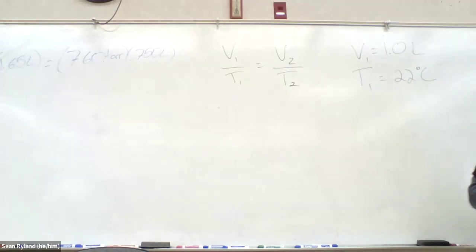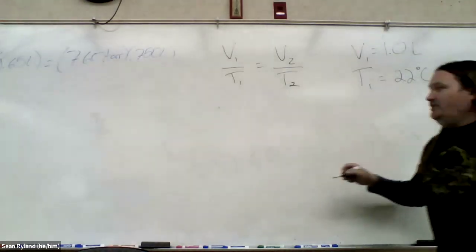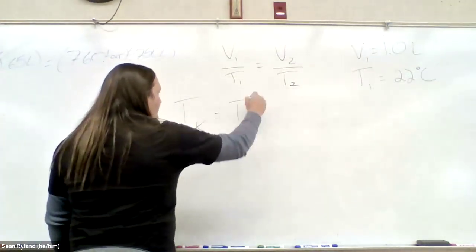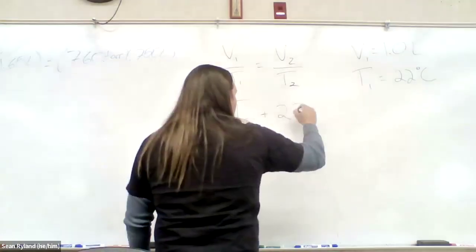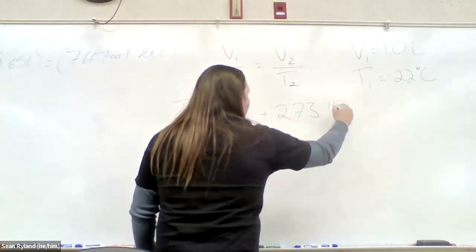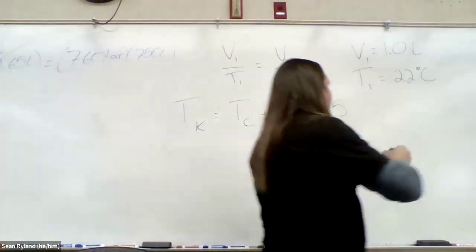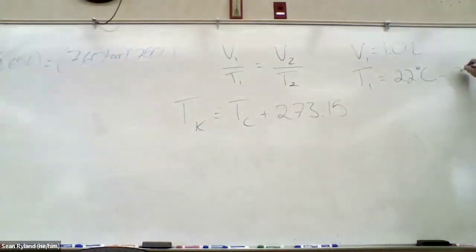So we just have to add 273 to it. Remember our conversion from Celsius to Kelvin? Temperature in Kelvin is equal to temperature in Celsius plus 273.15. So that's going to make it 295.